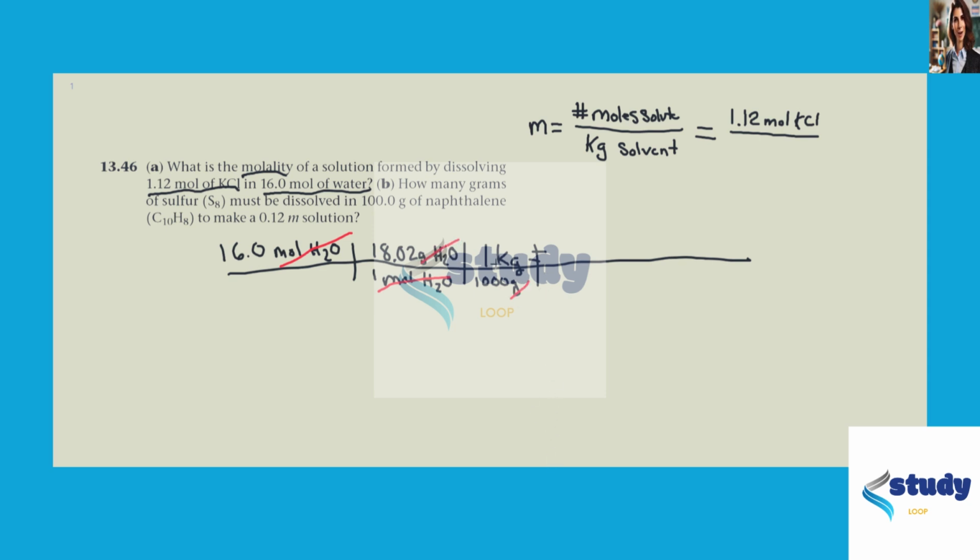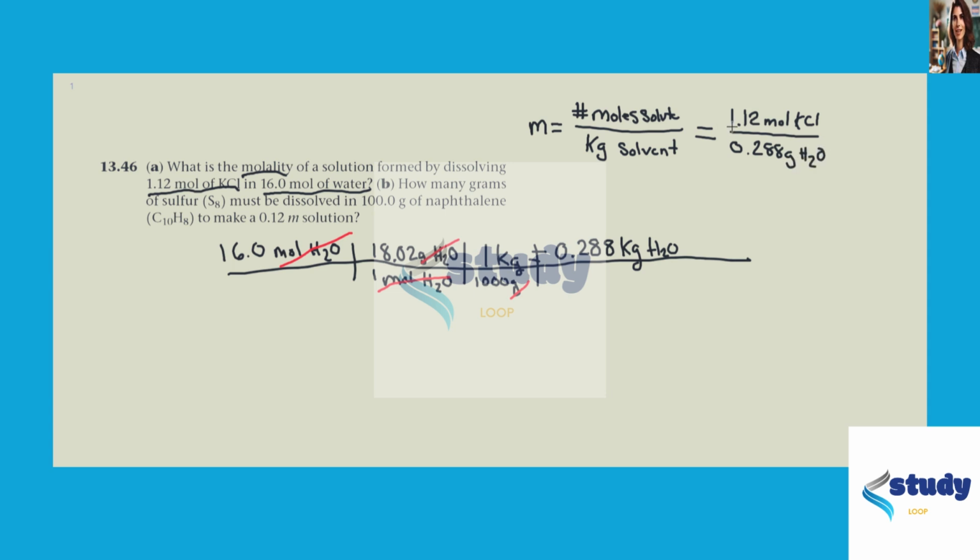And our calculator gives us 0.28832, but we started out with 3 sig figs, so we're going to end at 3 sig figs, 0.288, and that's going to be our kilograms of water. So let's put it in down here. That's our kilograms of solvent, 0.288 kilograms of H2O. Perfect.